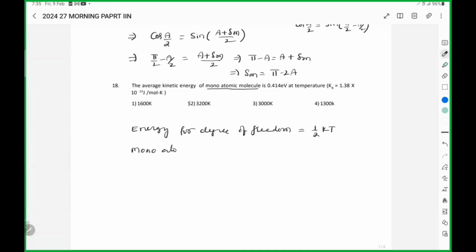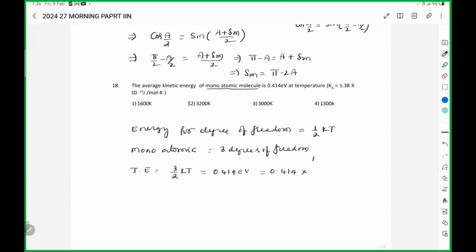It is monoatomic, so 3 degrees of freedom. So the total energy associated is 3 by 2 kT, which he has given as 0.414 electron volts.